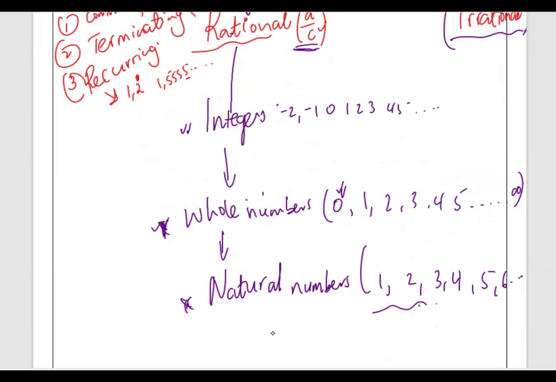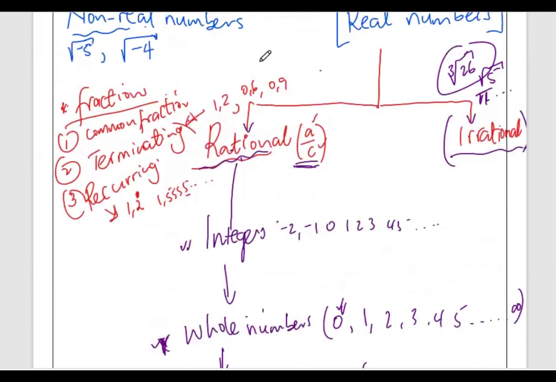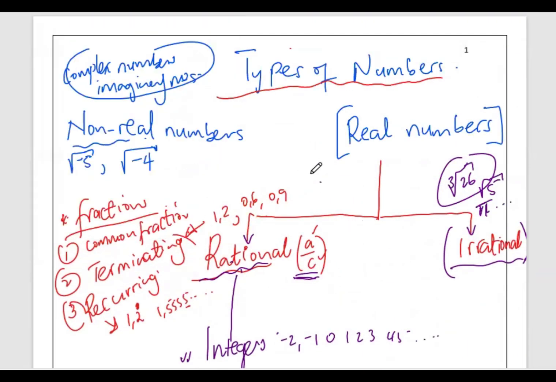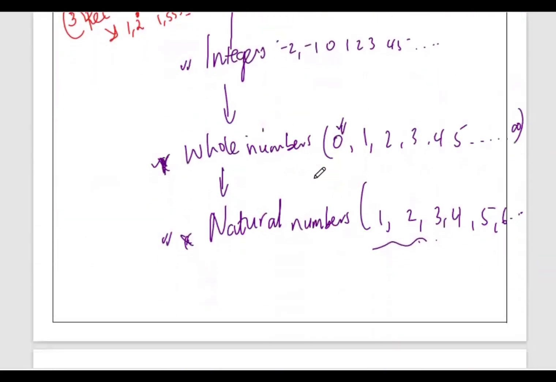All whole numbers are going to be referred to as rational numbers, and all the natural numbers will also be rational numbers. Now, sometimes there are symbols that are used for these particular numbers. For example, the natural numbers will normally be represented with N. The whole numbers will usually be N with a 0.